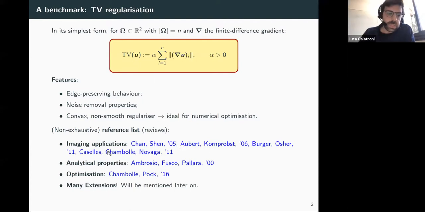For instance, some books in the context of imaging, the book of Ambrosio, Fusco and Pallara for the study of TV in the infinite dimensional setting, as well as the space of functions of bounded variation, and also the recent review by Chambolle and Pock for some very interesting examples of numerical algorithms that can be used to solve TV-based imaging problems. I will also focus in the following on some specific extensions of TV that I will highlight as we go on.